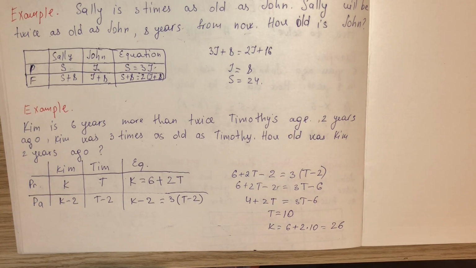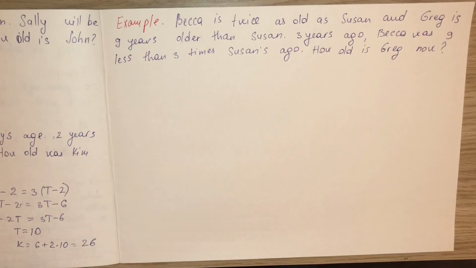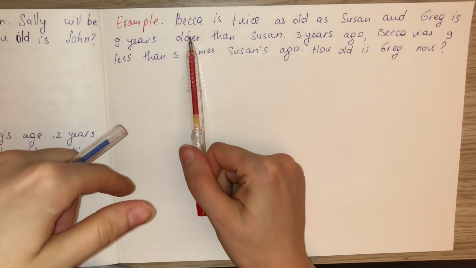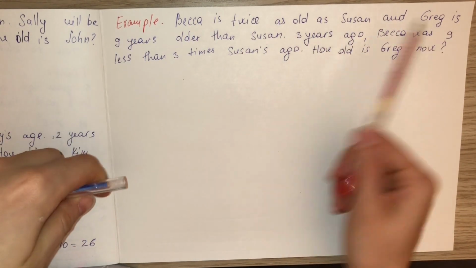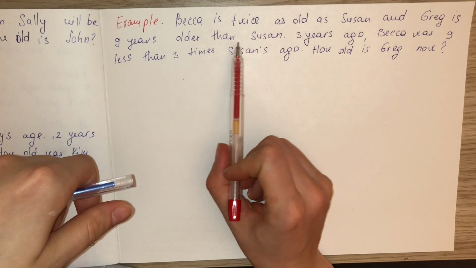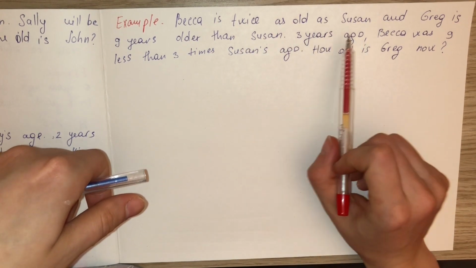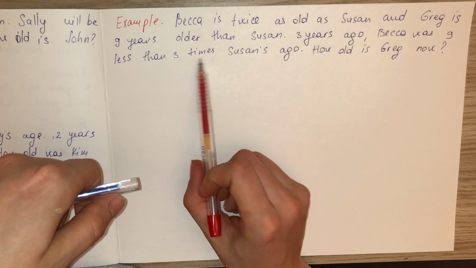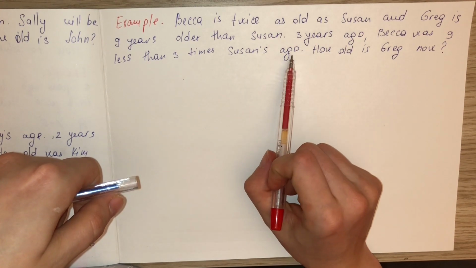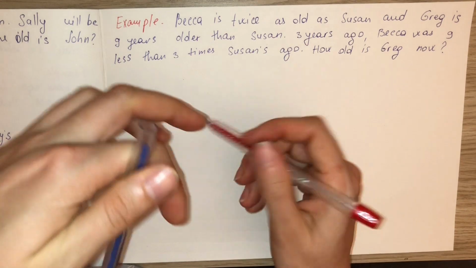Our next word problem is, okay, next example. Becca is twice as old as Susan, and Greg is 9 years older than Susan. 3 years ago, Becca was 9 less than 3 times Susan's age.